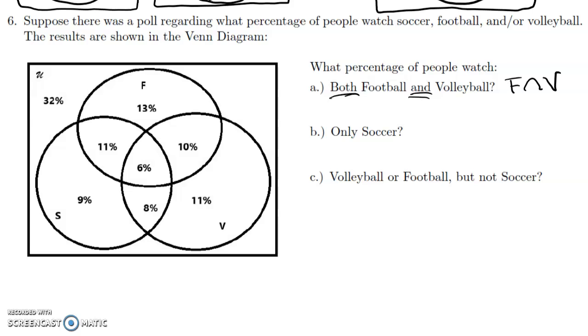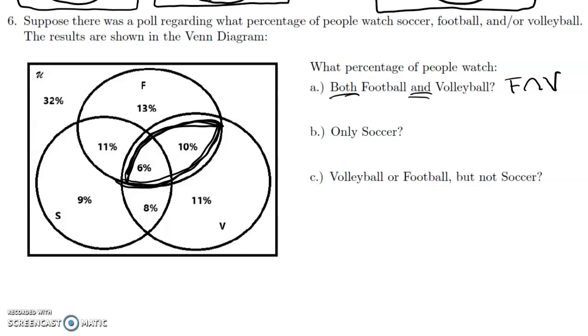So now what we need to do is take that idea of the intersection over to the Venn diagram. The intersection is the literal overlap of those 2 circles. Notice I need to be both in the football circle and in the volleyball circle. Whether or not they watch soccer is irrelevant here. It's just the fact that they watch both football and volleyball.